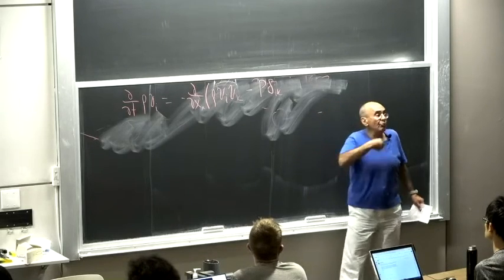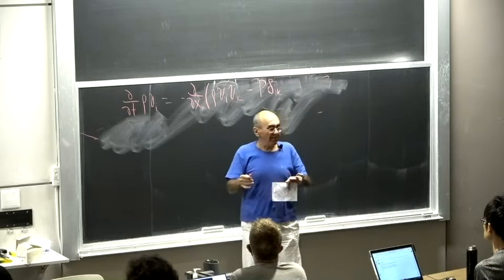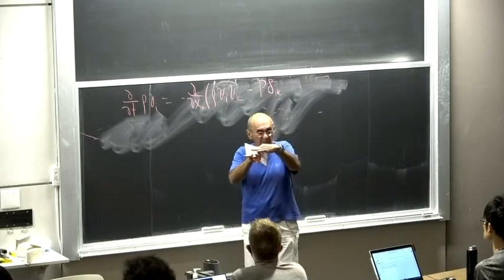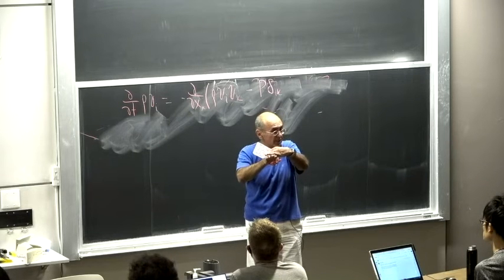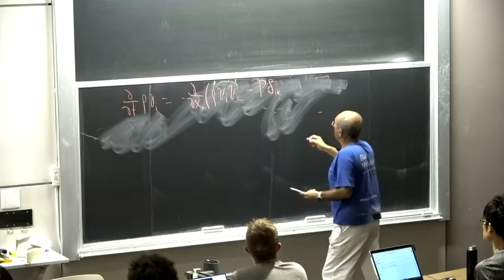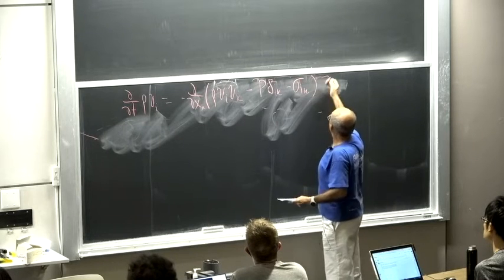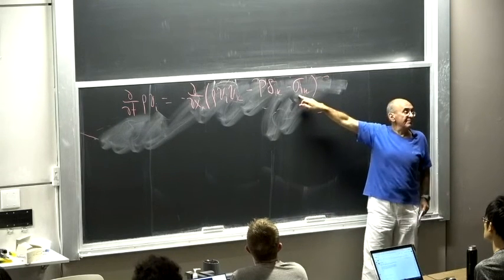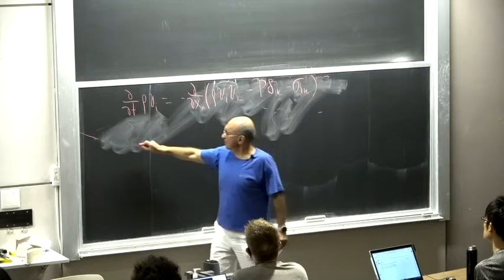And now we need to add to it something else, namely the fact that when we move this way, there is also transport of momentum this way because of tangential stresses, right? So let's call it minus sigma ik, and it's called the viscous stress tensor, which comes out of tangential forces.